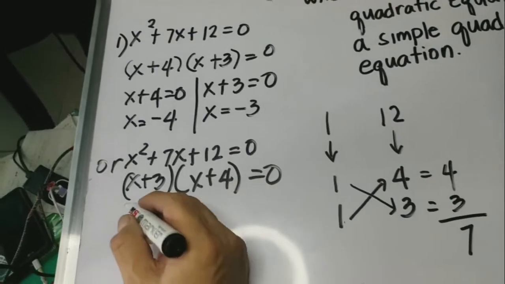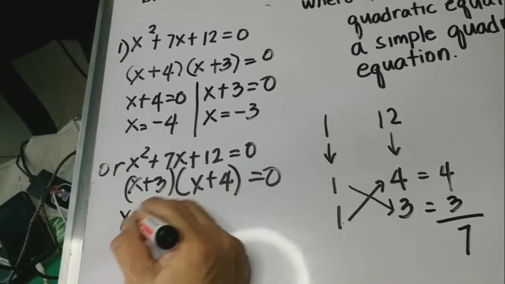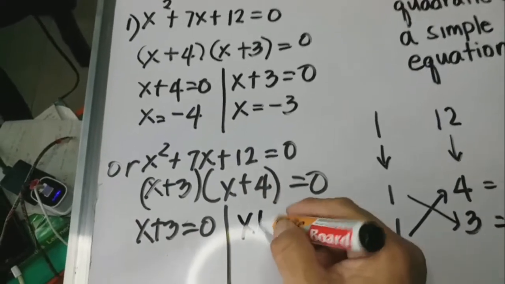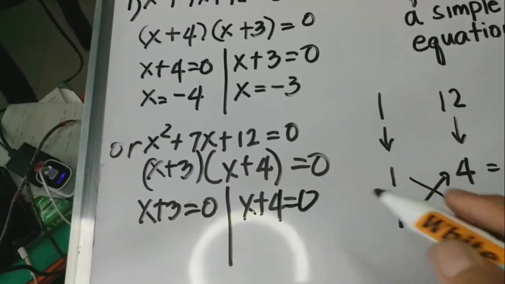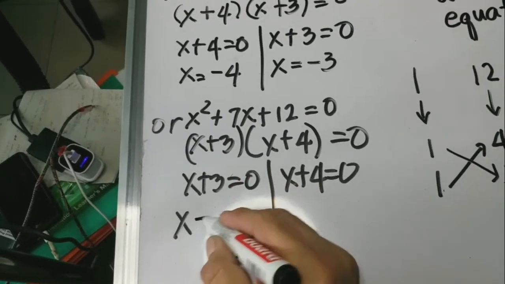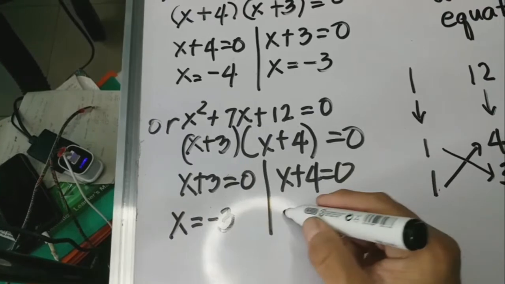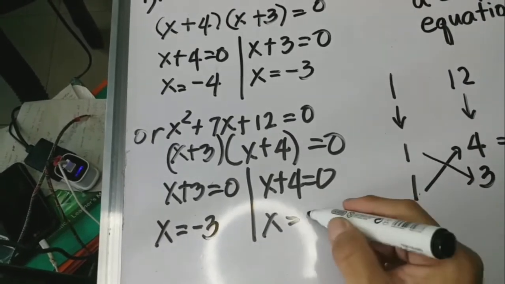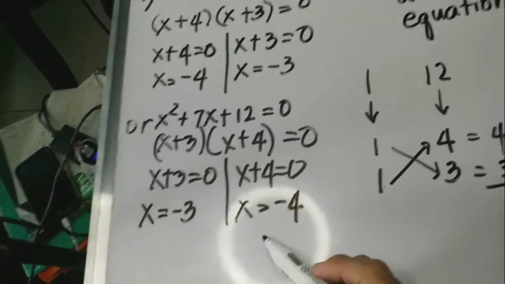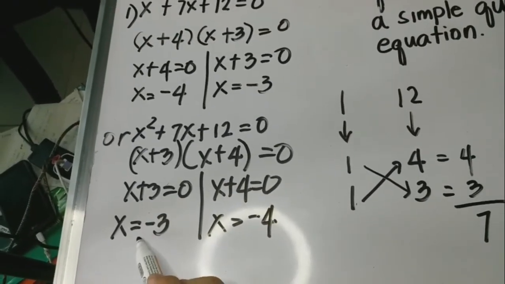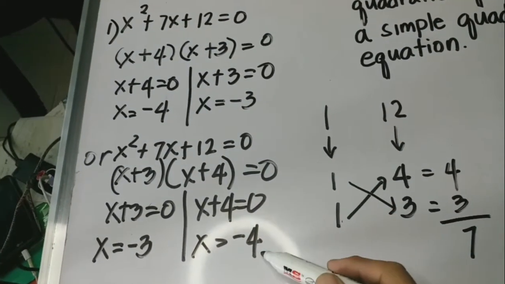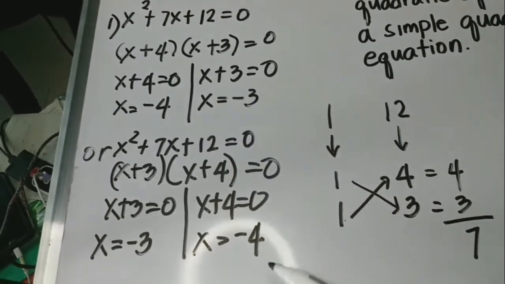Then using the zero product property, x plus 3 equals 0. Then x plus 4 equals 0. Then x, now transferring positive 3 to the right side of the equation, it's negative 3. X equals negative 4. So look at now the solutions or the roots. X is equal to negative 3 and x is equal to negative 4.